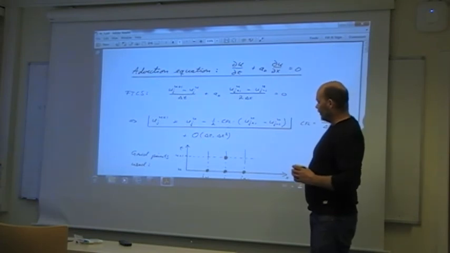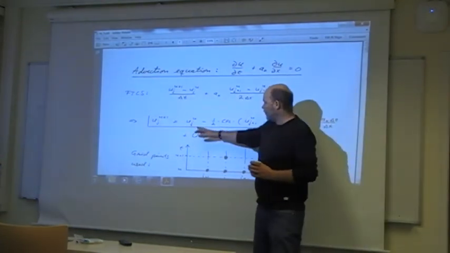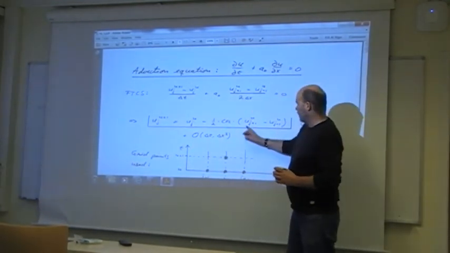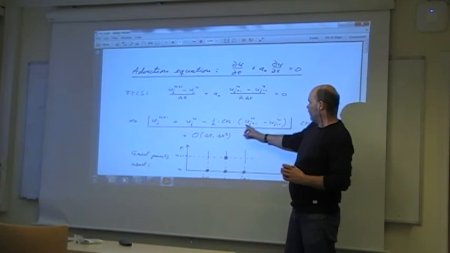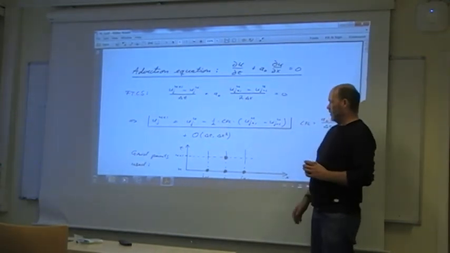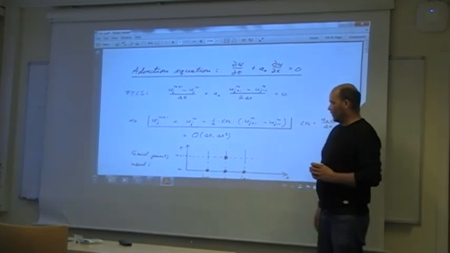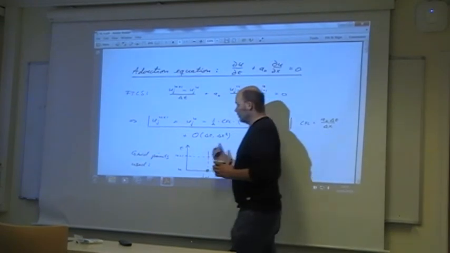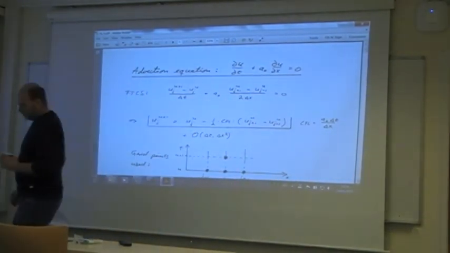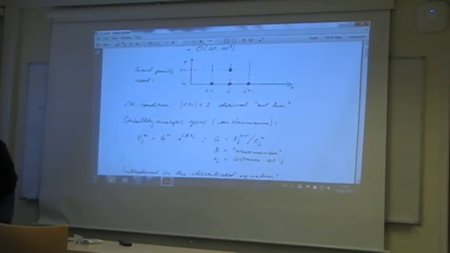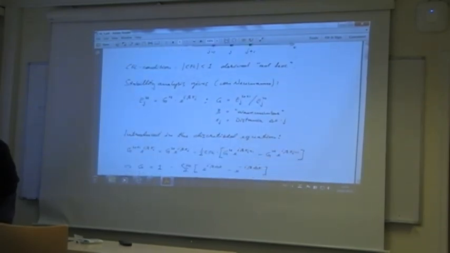You don't have to write anything actually, you can tell it directly from the scheme. The coefficient will be 1, and then minus CFL half plus CFL half. The sum is 1, you can use the method. Then the demand, all coefficients positive. No, that's not possible here. So using the FTCS scheme on the advection equation will result in an unconditionally unstable scheme.